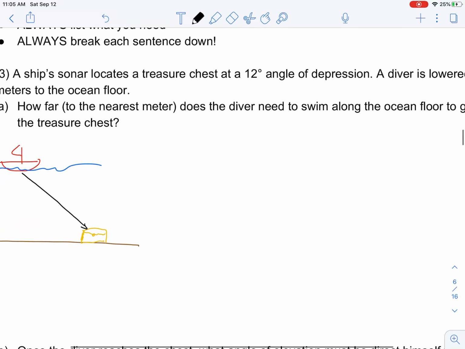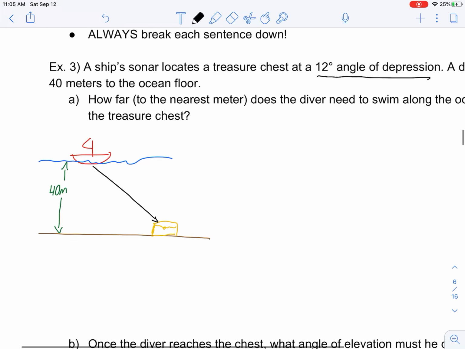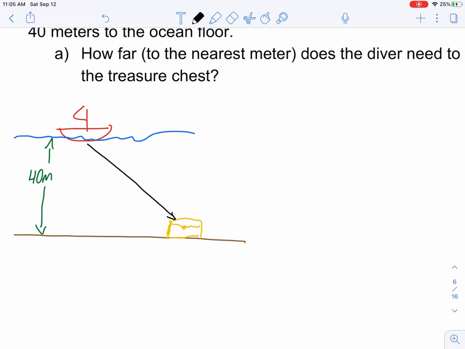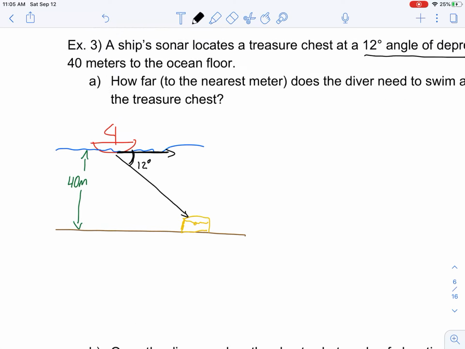Now, you're at a 12-degree angle of depression. So what the heck does that mean? Remember, an angle of depression is measured from the horizontal, and downwards you have 12 degrees. So you have a 12-degree angle of depression.